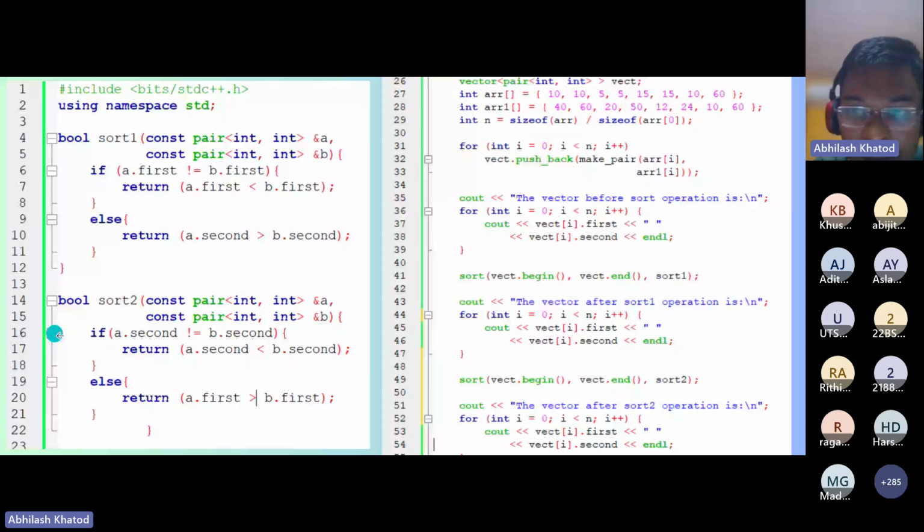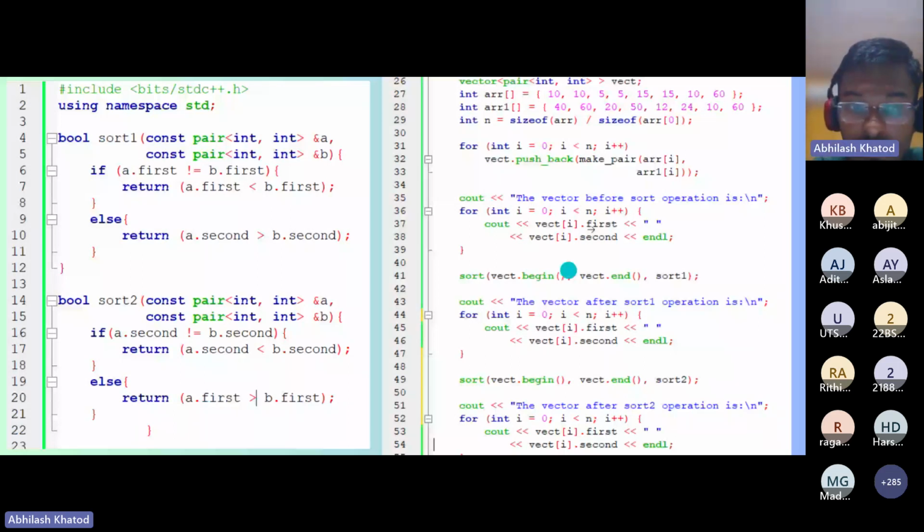Now if a dot second, what is our first pair? 10 60. So what is the value of a dot second? It is 60. Is it not equal to b dot second? Are 60 and 60 both equal? Yes. So it won't go in the if, it will return a dot first is greater than b dot first.